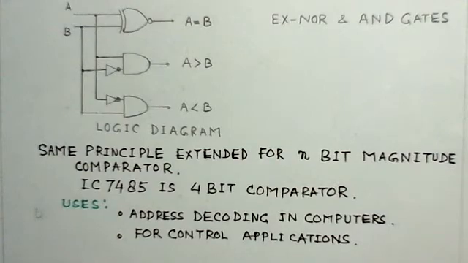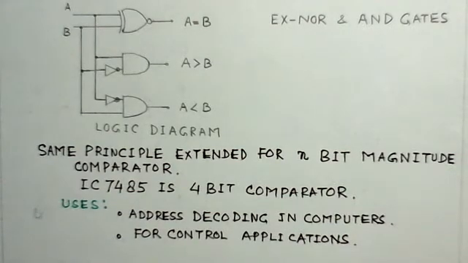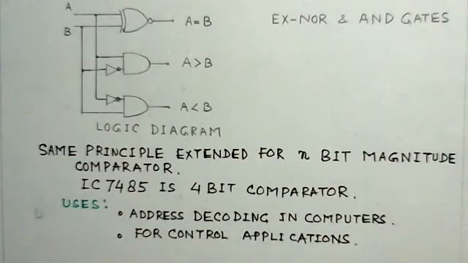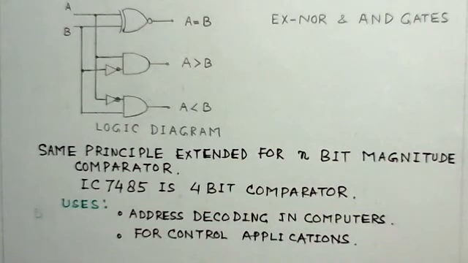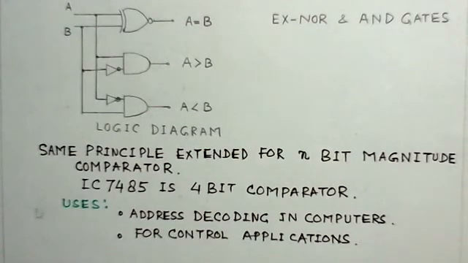So while writing the truth table, you have to be more careful when it is for 2 bits or 4 bits. Later we'll take up an example in a video solution. There we'll take a 2 bit by 2 bit comparator circuit, give the corresponding truth table, and see how we work with that truth table to get the results for the comparator circuits.